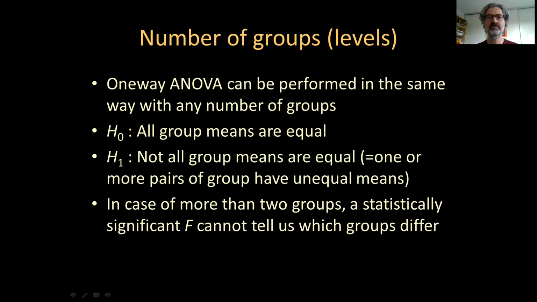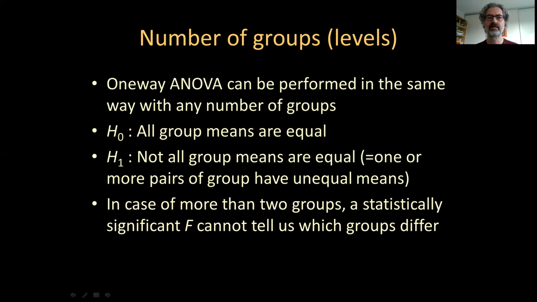So the statistically significant analysis of variance, the statistically significant F, can tell us if there are any significant differences, because the statistical hypothesis you're testing is whether the two variables are related, that is, whether we can reject the null that says that all means are equal.